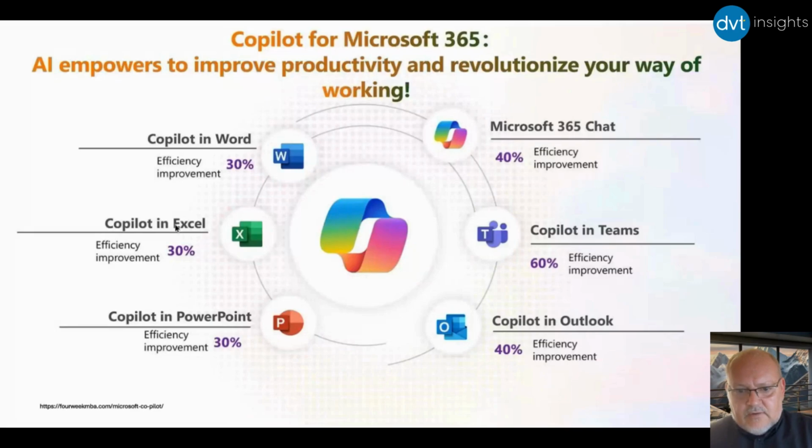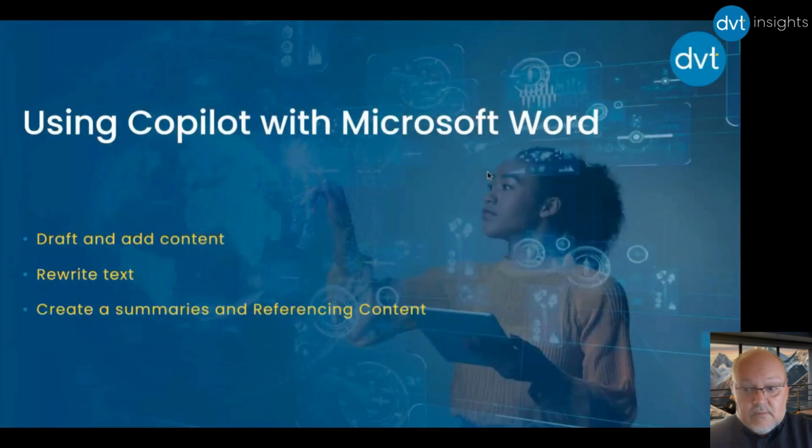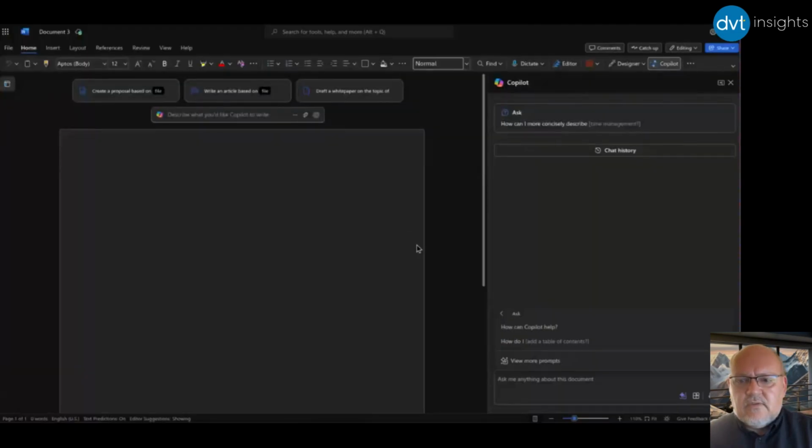The reason I'm not looking at Excel specifically now is that Wave 2, the next release, brings a bit more features, and currently certain features in Excel are a bit challenging, but let's jump right in and look at Microsoft Word. Okay, we're going to look at draft and add content and rewrite text and how to create summaries. So let's jump right in, and you'll see Copilot on the right here.